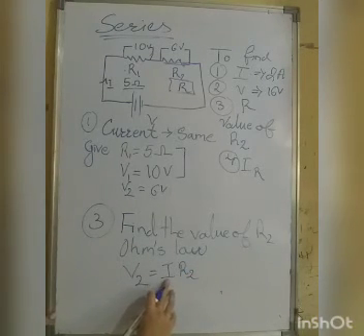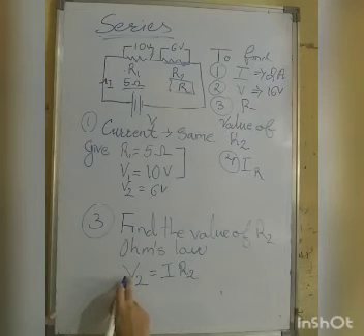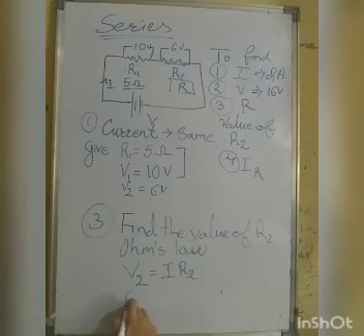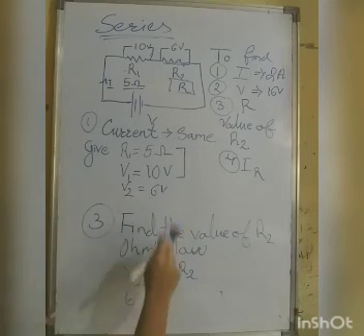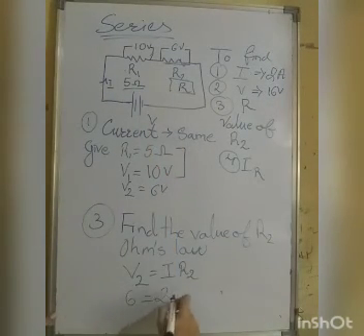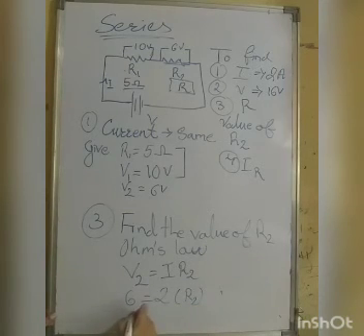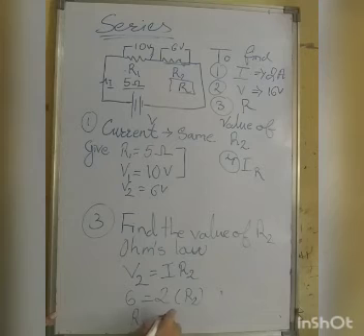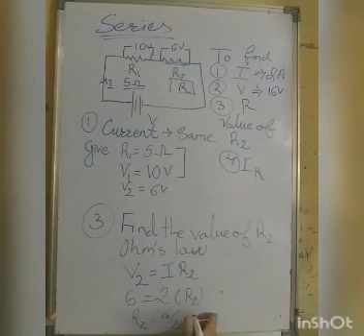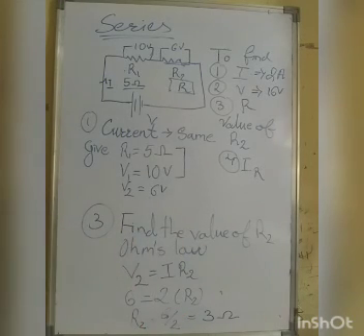You have the value of I, you have the value of V. So what was your V? V is 6. What is the value of current you got? 2 amperes. And you don't know the value of R2. So R2 equals 6 divided by 2. What is 6 by 2? 2 threes are 6. So your R2 is 3 ohms.